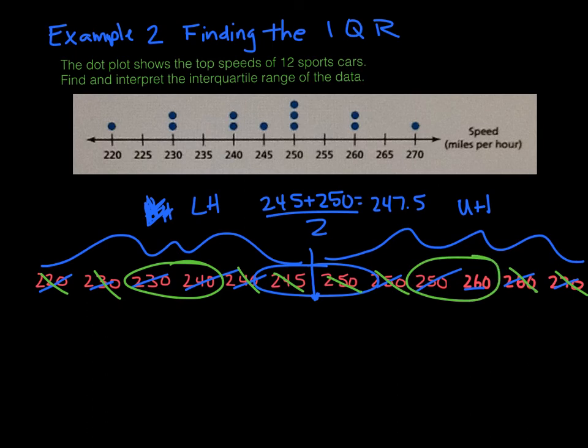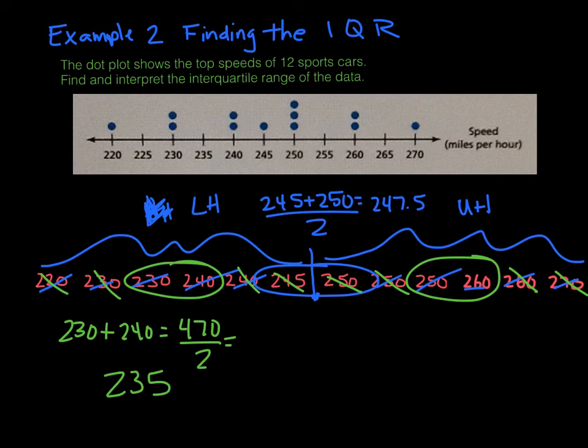They're not the same numbers, so they're going to be different. I have 230 plus 240, and I'm going to divide that by 2. 470 divided by 2 ends up being 235.